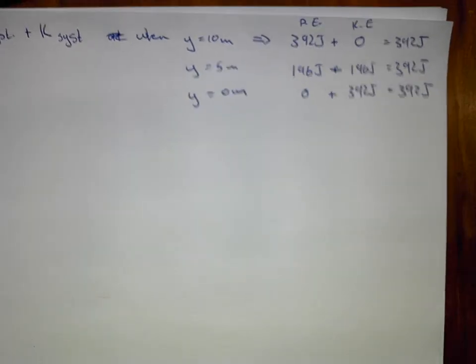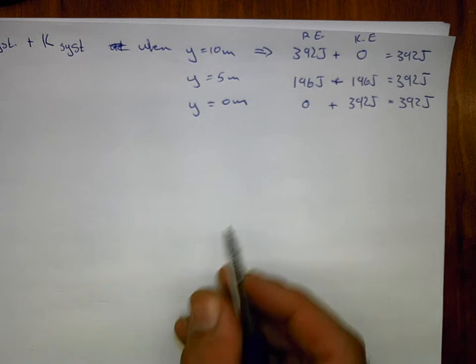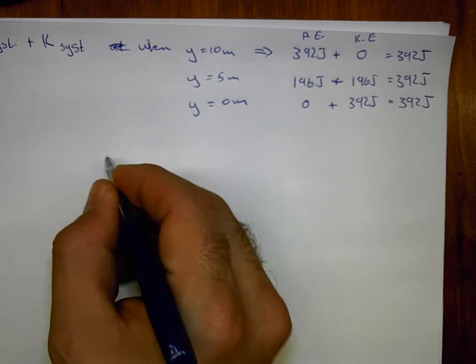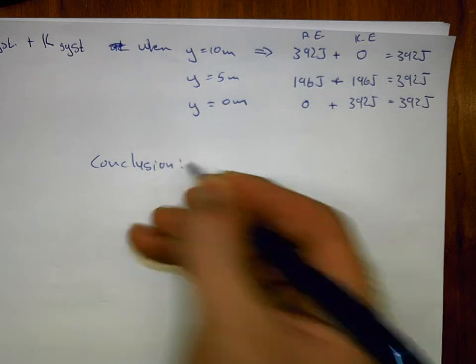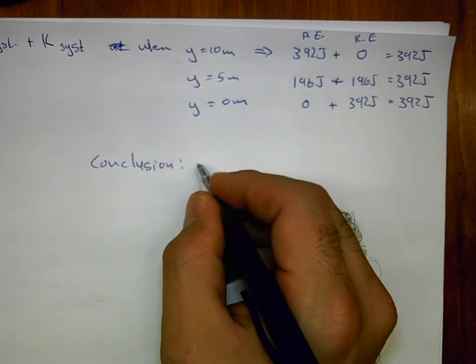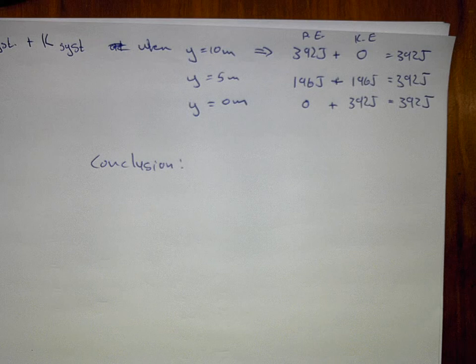So if I were to just look at this, it would seem, so can we draw the following conclusion? So let's look at what we had. We had an isolated system. The only force acting on this was the force between the Earth and the mass.